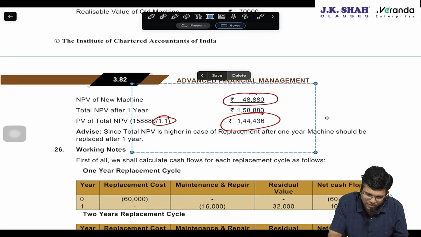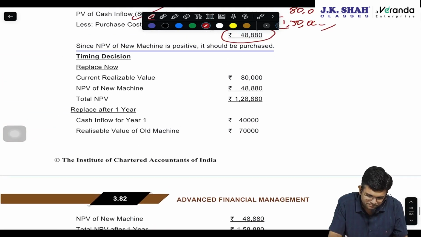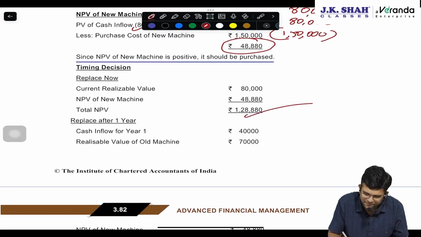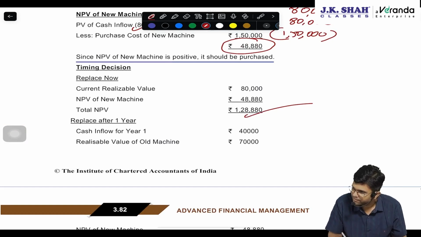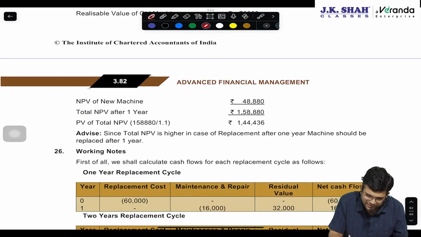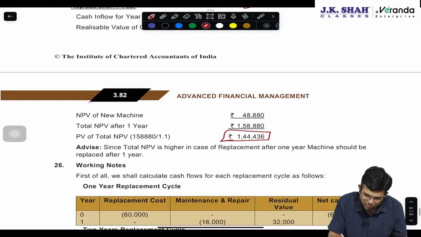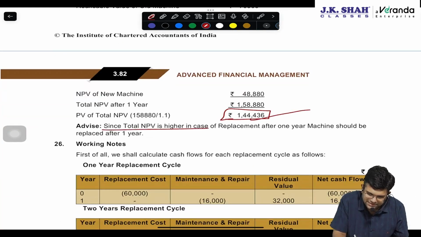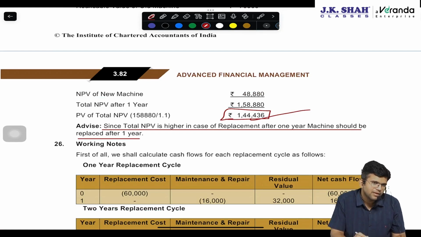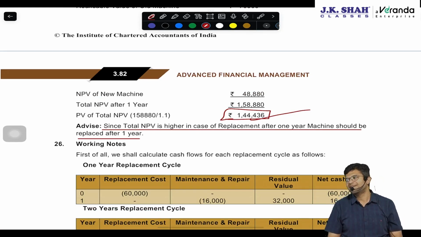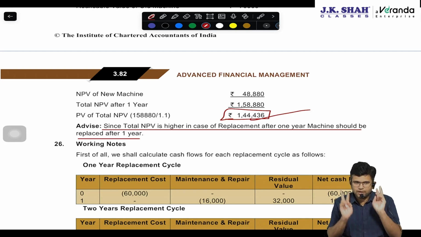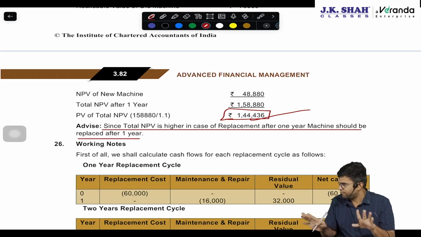Now I have one problem with this solution. Can someone tell me what the problem is? They are saying if you replace now, NPV is 128,880. If you replace after 1 year, the NPV is 144. Since NPV is higher, the machine should be replaced after 1 year. So there are two areas where they are going different from me.